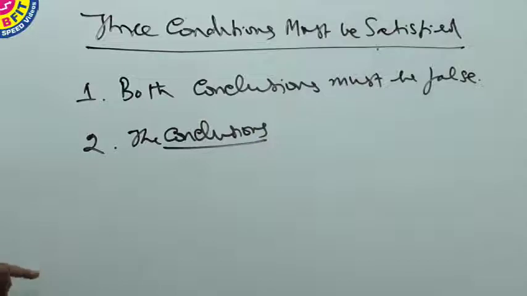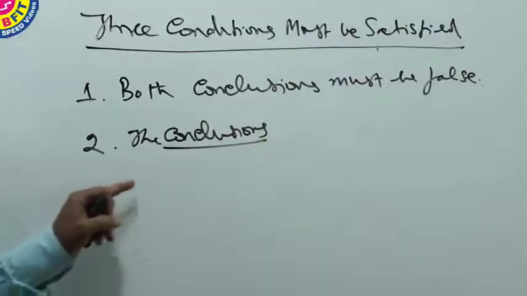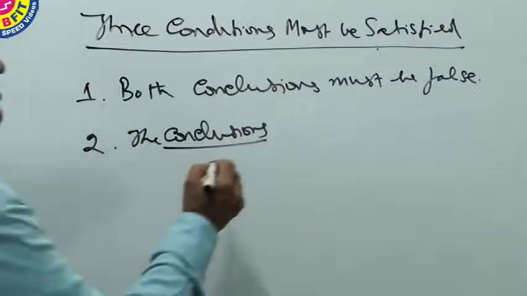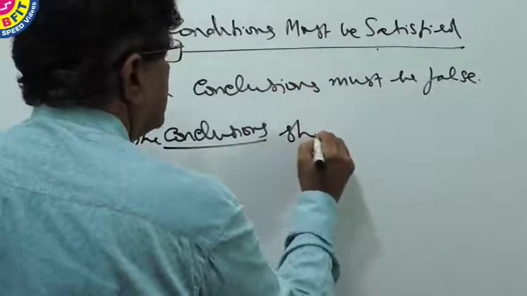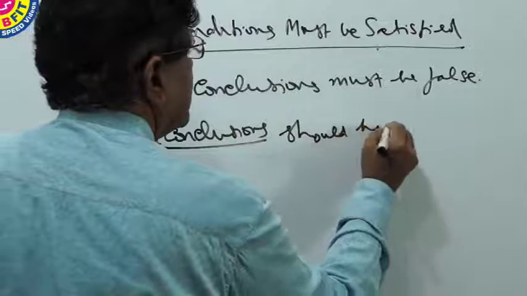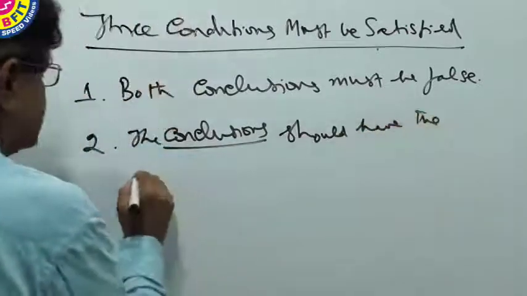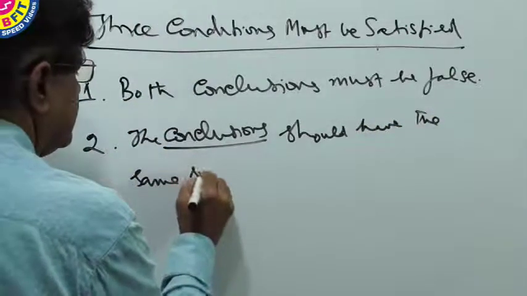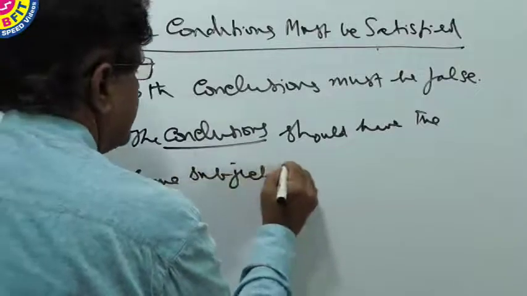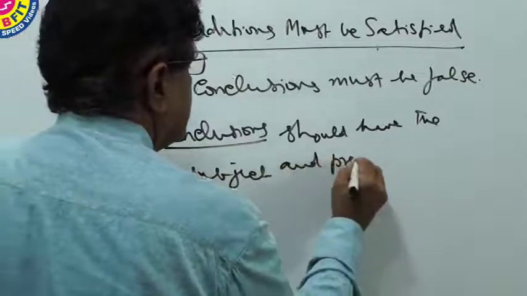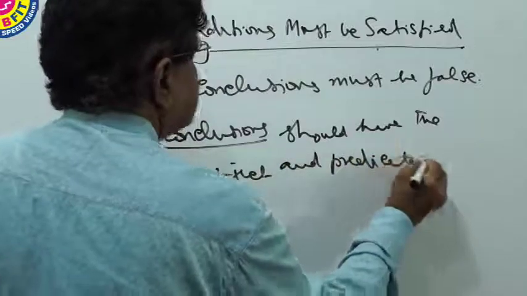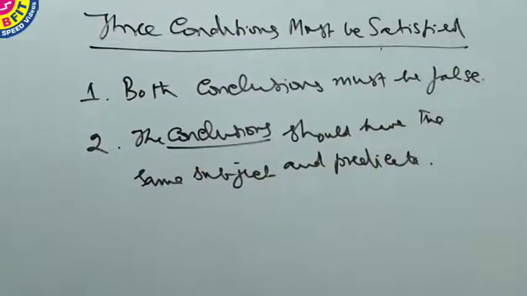I have seen some students checking for complementary pair in the statement, not in the conclusions. The conclusions should have the same subject and predicate. This is the second condition that must be satisfied.